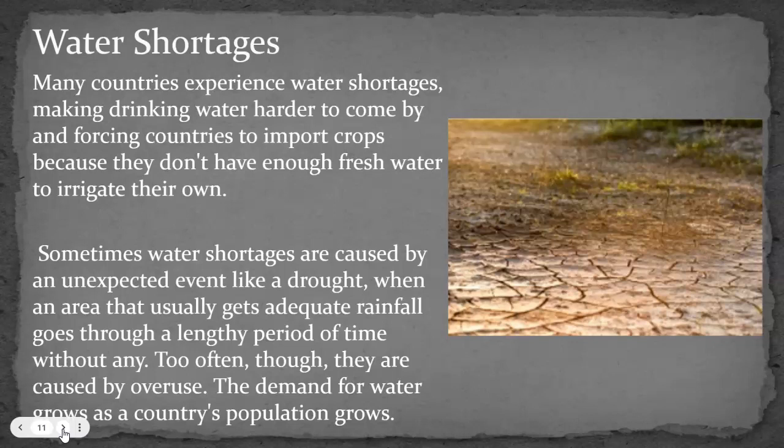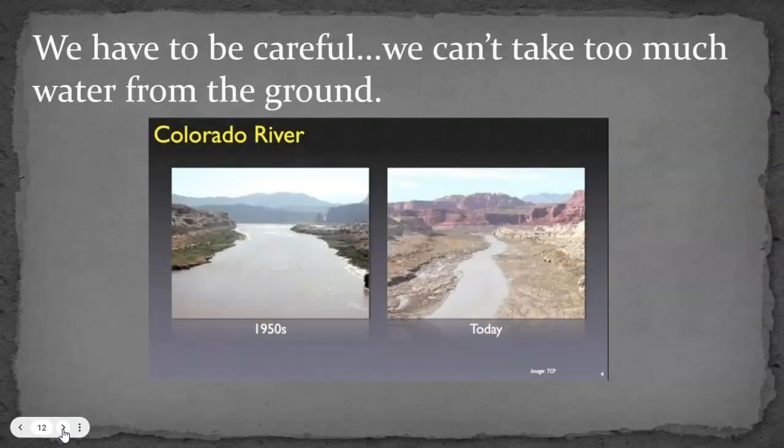We can't live without water. So we need to find a way to make sure that everybody has equitable access to it. We really have to be careful. We can't take too much water from the ground. Maybe you've heard stories about the Colorado River. Colorado River used to be a raging river.